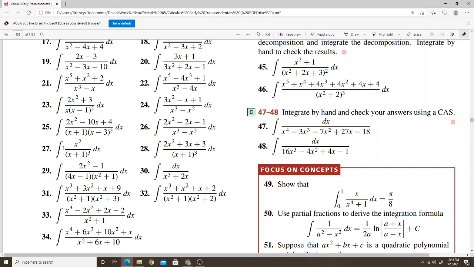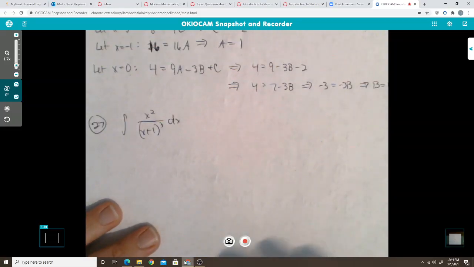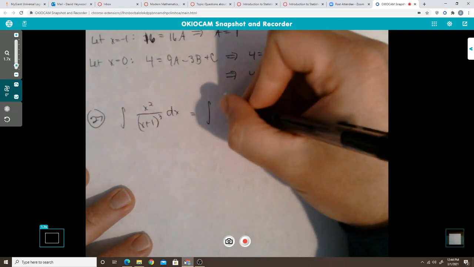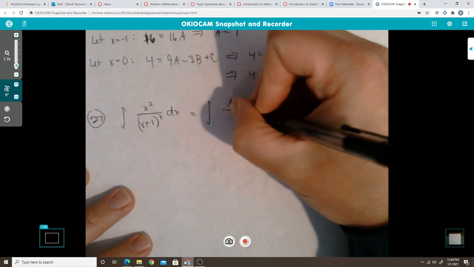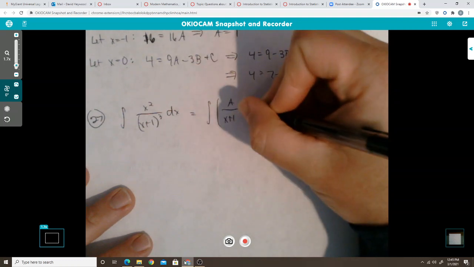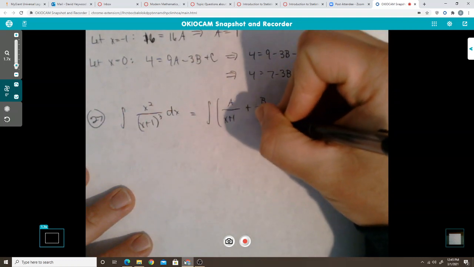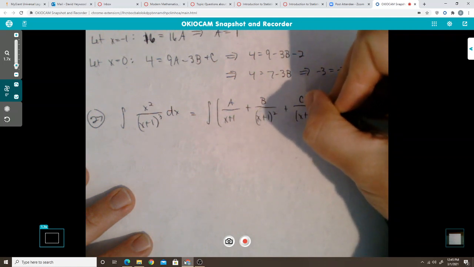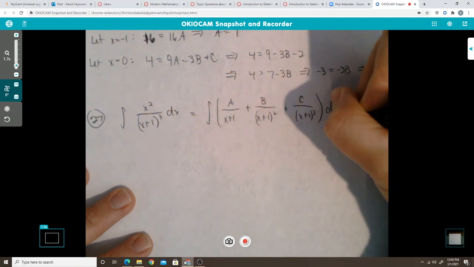We've got the integral of x squared over x plus 1 cubed dx. So as I said, this is going to look like A over x plus 1 plus B over x plus 1 squared plus C over x plus 1 cubed dx.